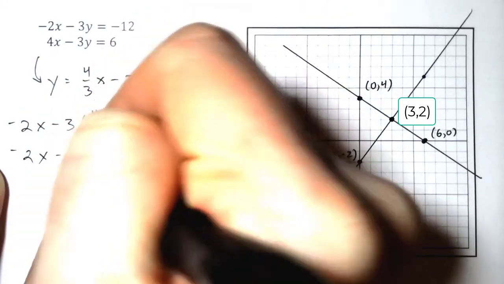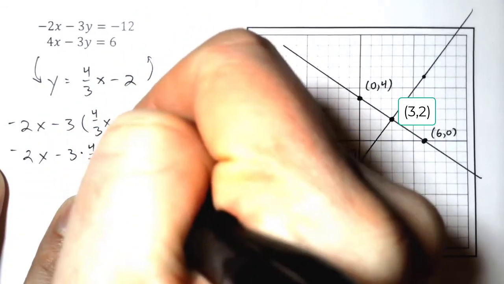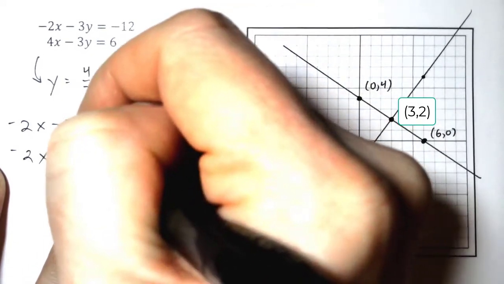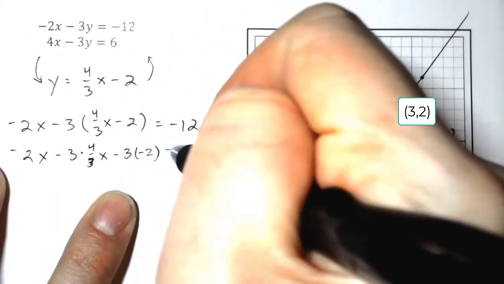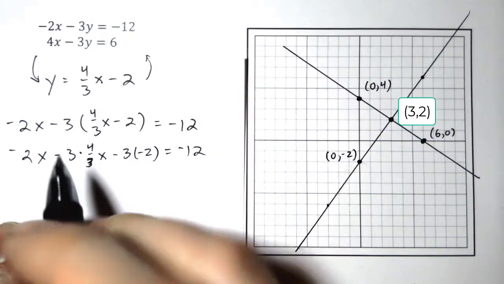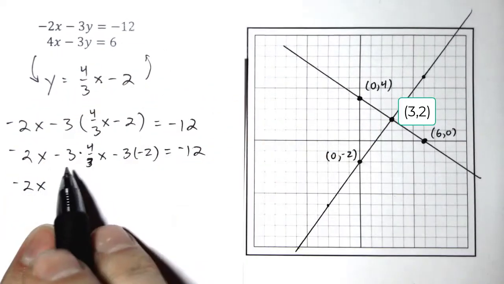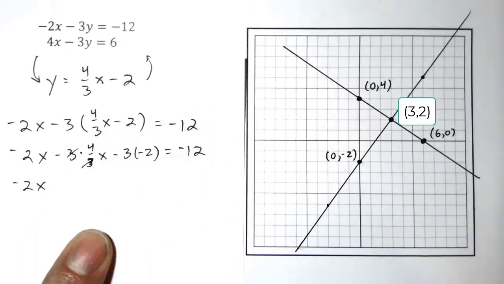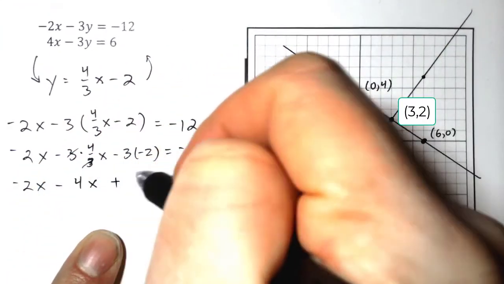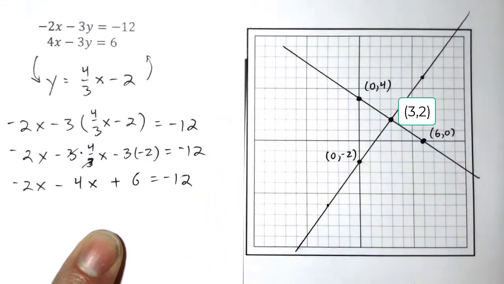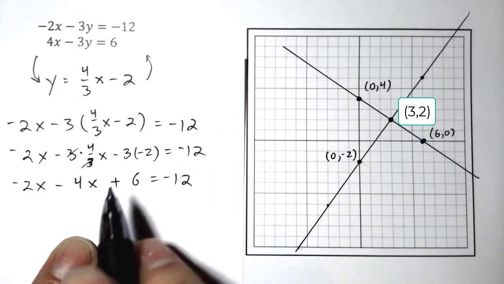So I'm going to have negative 3 times 4/3 x, and then minus 3 times negative 2. Let's simplify this some more. The 3's cancel here, so I just have this.